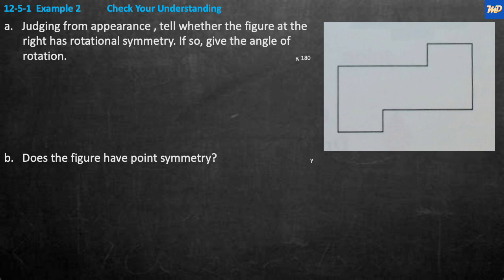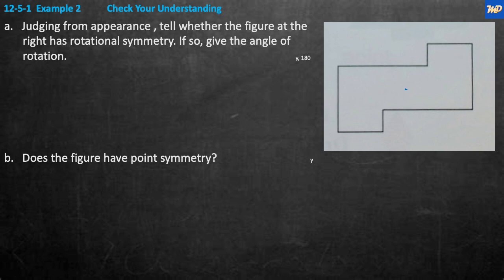Okay, A, judging from appearance, does the figure have rotational symmetry? And if so, what's the angle? Well, in order to rotate this, you have to rotate it about a point, and you have to rotate some angle distance so that when you get done rotating it, it looks the same.